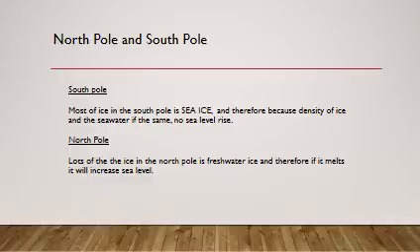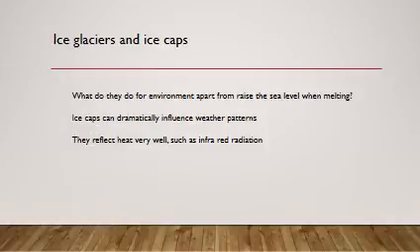The North Pole, however, is a different story and has large amounts of freshwater ice locked up in glaciers and ice caps. If these melted, it would cause sea levels to rise because the ice is made from freshwater, which has a lower density than seawater.